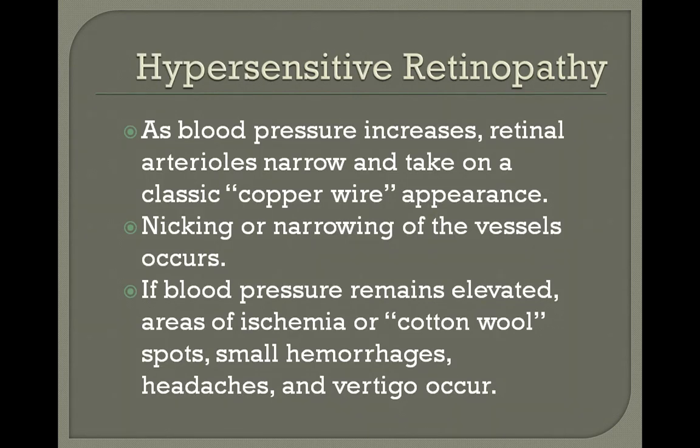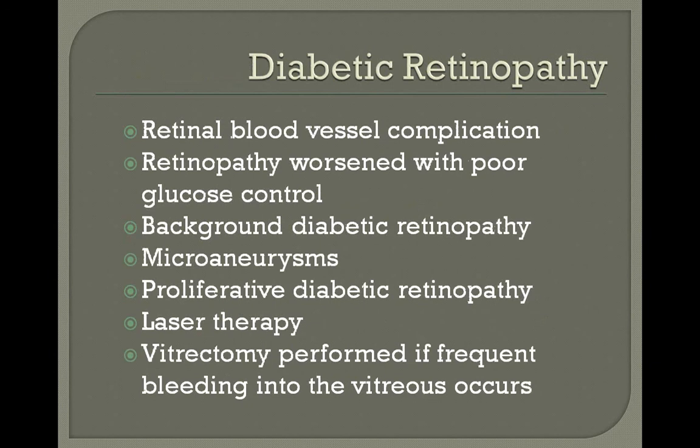So there are different types of retinopathy that are discussed in your book. You have the hypertensive retinopathy, and this is the kind that occurs from a person having high blood pressure. And then you have diabetic retinopathy that occurs as a result of diabetes.